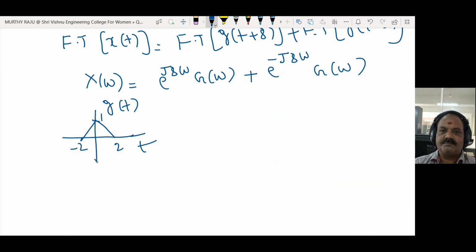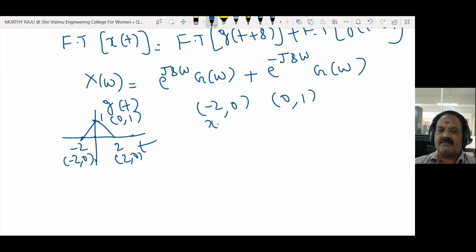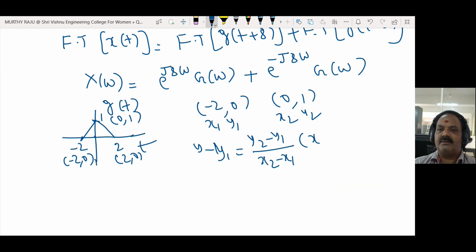The coordinates are -2, 0, then 0, 1, and 2, 0. Using the two-point form: y minus y1 is equal to y2 minus y1 by x2 minus x1 into x minus x1.